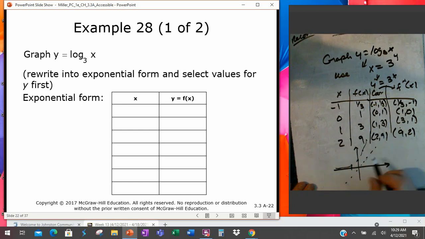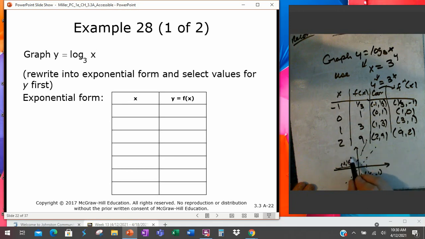Does it look symmetric? Now I want to graph these. At x equal to 1/3, this is now -1. Okay, so -1, 1/3 goes to 1/3, -1.